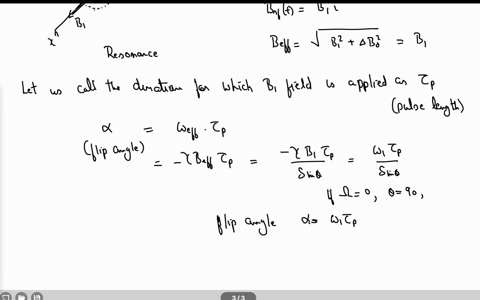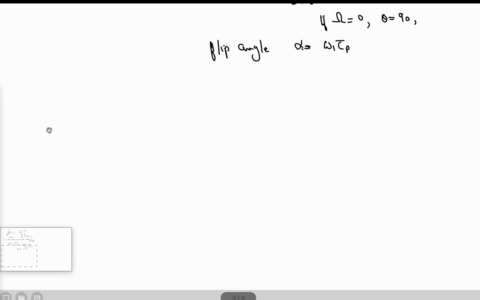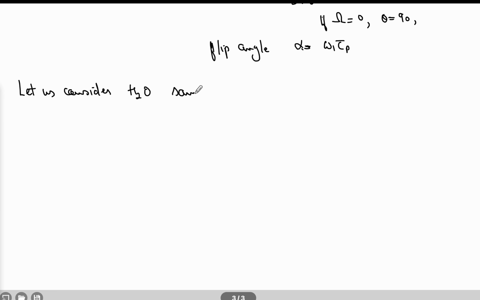Now let us quickly take an example. Let us consider a water sample. Okay. So in case of water, now there is only a single pulse. Let us say that we are working at B0 equal to 11.74 Tesla.